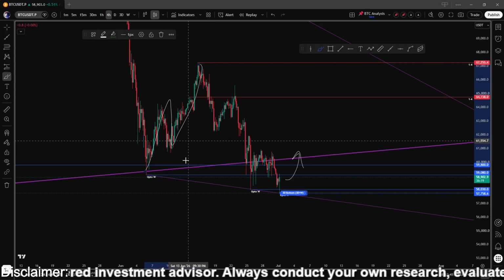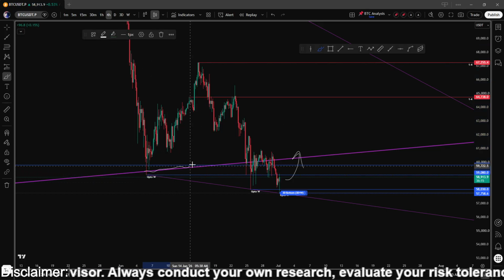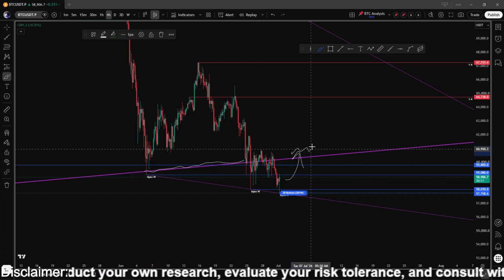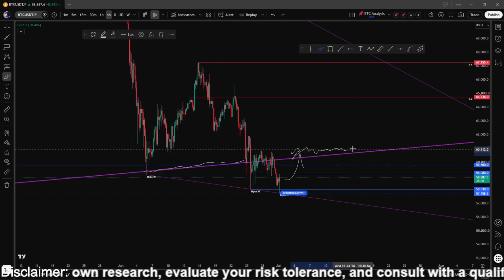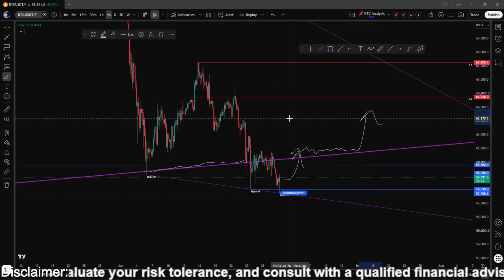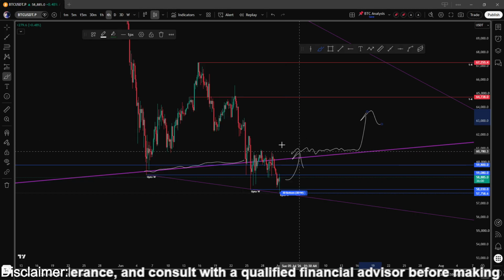This move, and on the basis of that we can assume for the time being, if price gets back above this level and trades above this level, there will be chances for the upside, not for a very long time, but for the time being, a temporary upside sort of thing.